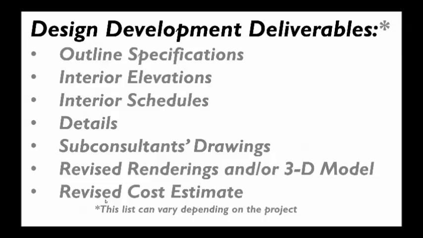And then we'd start to add in things like interior elevations. Those are just interior views that are vertical views, as if you're standing inside of the building looking around at various walls inside. Interior schedules, and by schedules I mean they almost look like spreadsheets of different types of information.